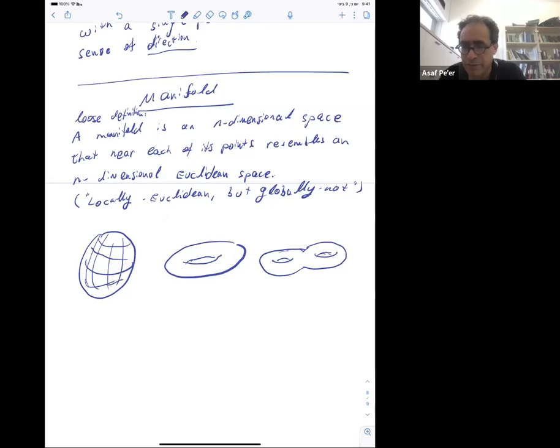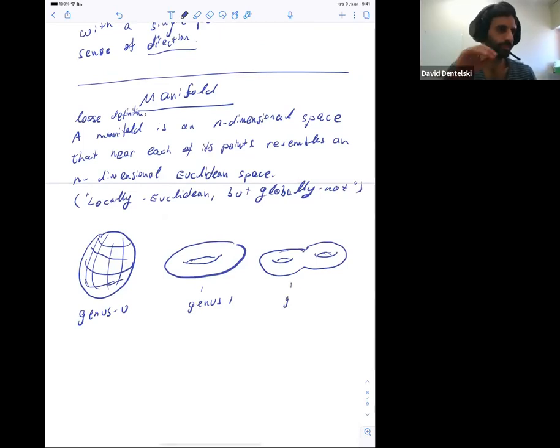This is genus 1. It has one hole in it, a bagel with one hole. Or you can have a double torus, which is called genus 2.